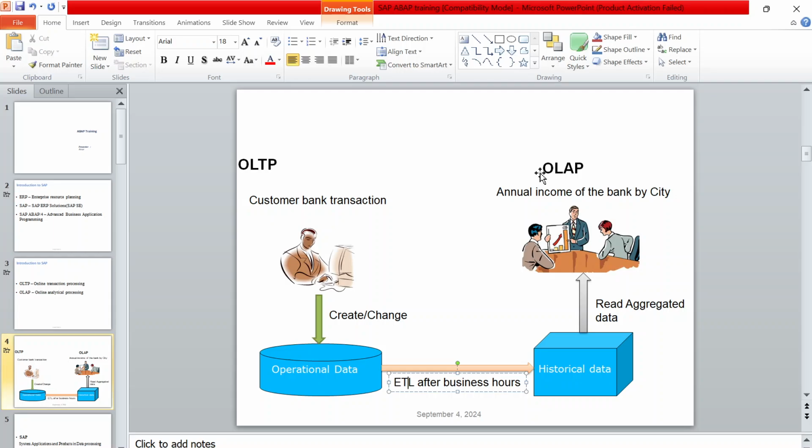There are Microsoft products that are OLTP systems and Microsoft products that are OLAP systems, right? The behavior of the system tells whether it is OLTP or OLAP. If you take SAP, the OLTP product is SAP ERP and the OLAP product is SAP BW. And in recent days, we are using SAP DataSphere, which is a cloud environment for data analytics. Okay, is everyone clear on this?